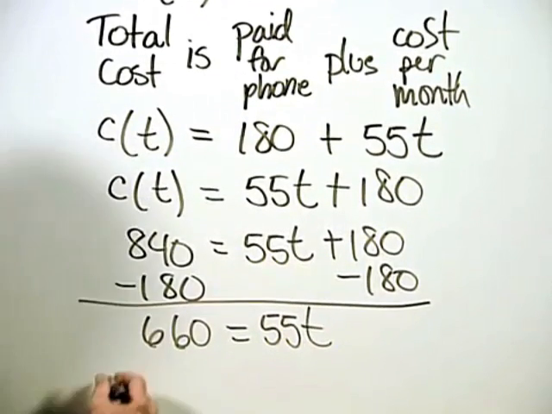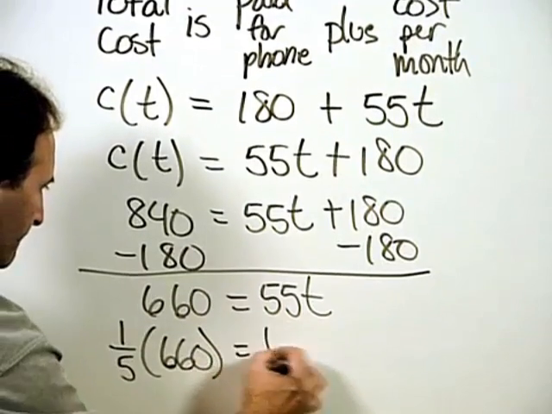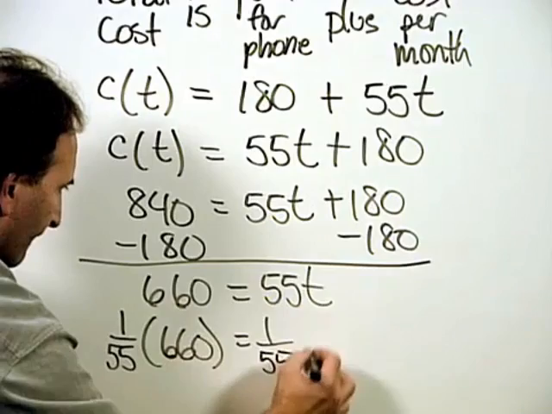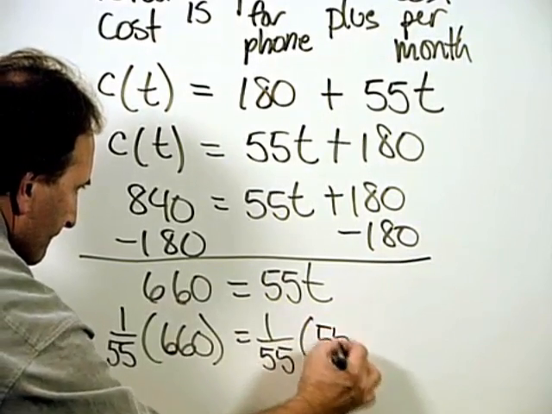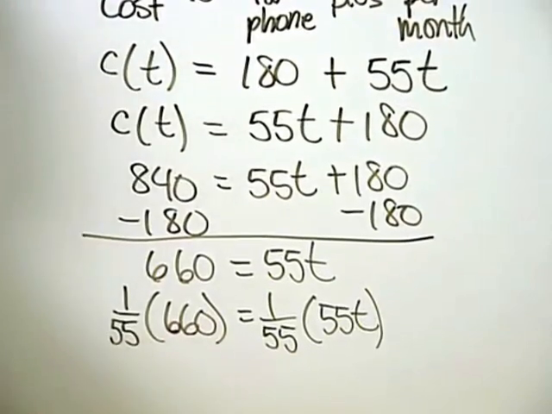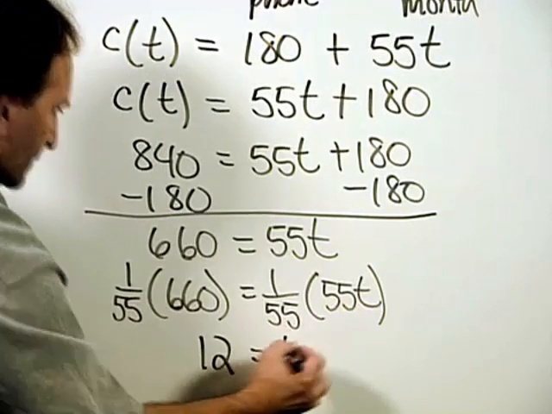Now multiply each side by 1/55. And now 1/55 times 660 is 12, and that's equal to t.